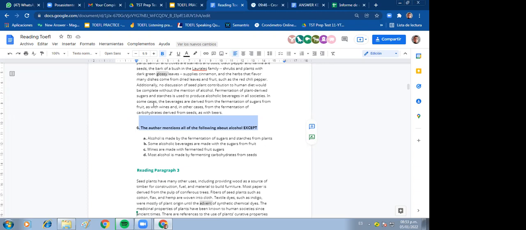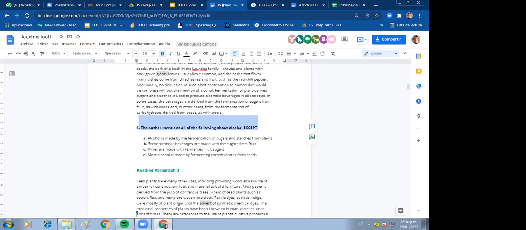C. Letter C. Wines are made with fermented fruit sugars, okay? Valeria Arce, please, your answer? D. Most alcohol is made by fermenting carbohydrates from seeds. Okay, finally, Madeleine. I chose B. Some alcoholic beverages are made with the sugars from fruit.